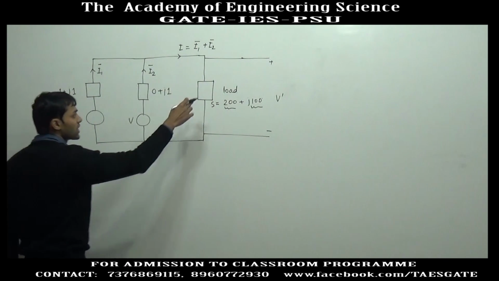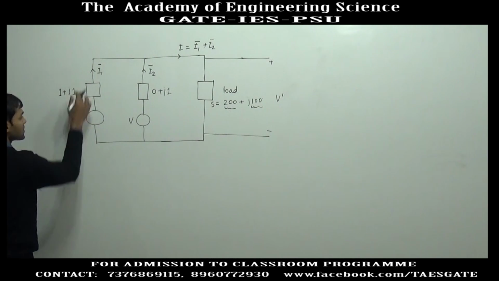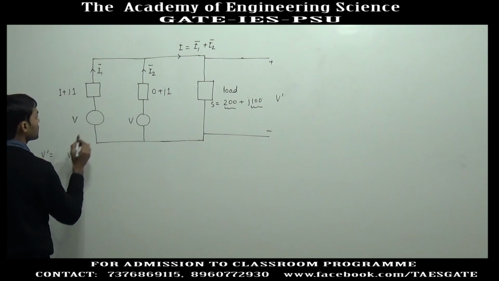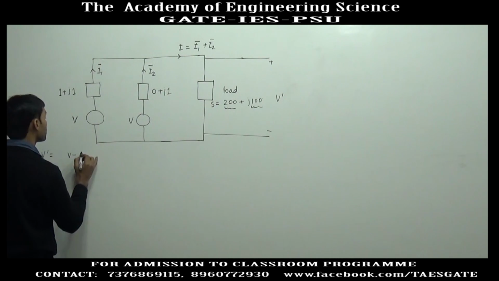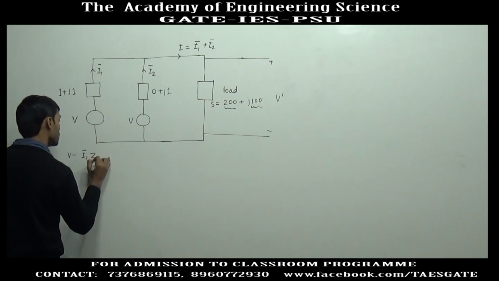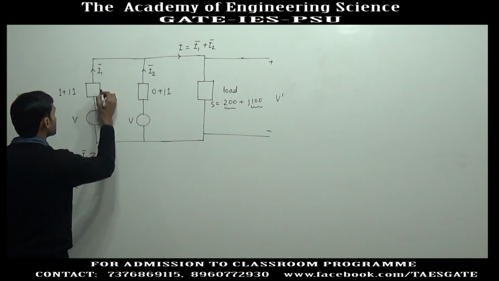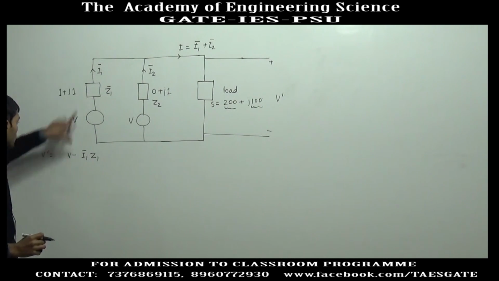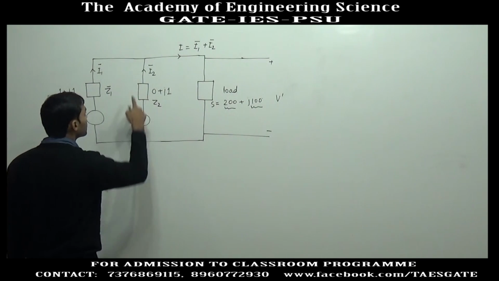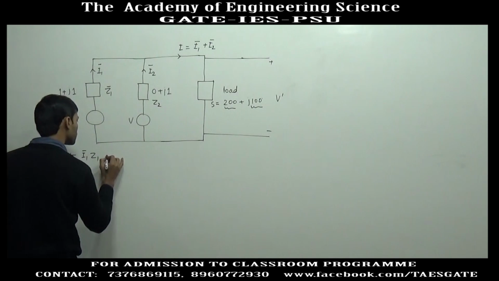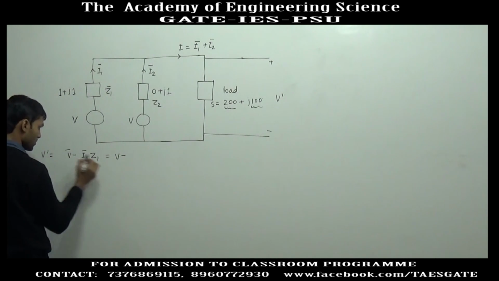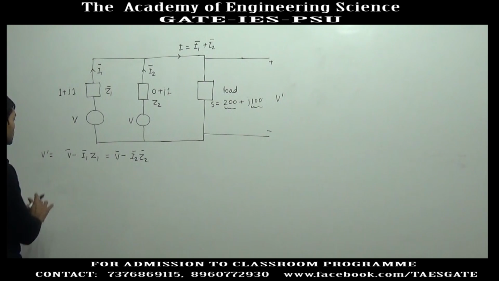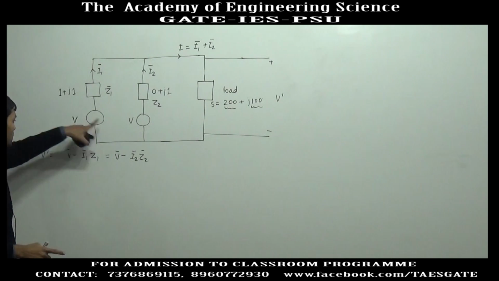So, we are going to write the equation for V dash. From the first generator, V dash is equal to V minus I1 bar into Z1 bar, where this impedance is Z1 and this impedance is Z2. From the second generator, the voltage across the load will be V minus I2 Z2, and these two voltages are the same.